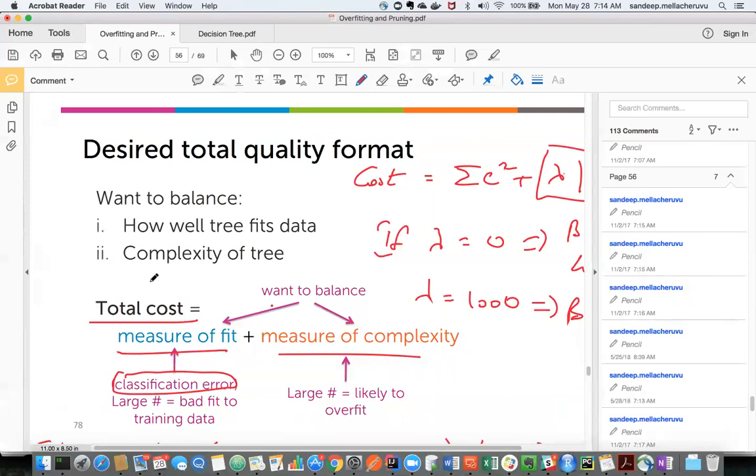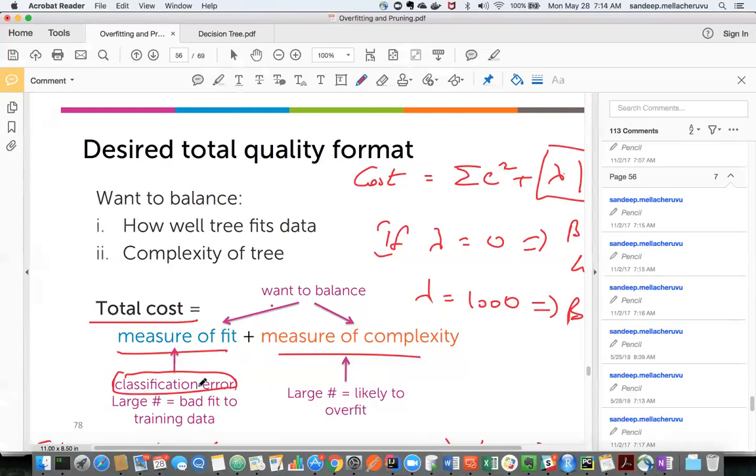Are you clear or not? What is your total cost of the tree? The cost is now determined by how much error is in your prediction, as well as the measure of complexity of the tree.